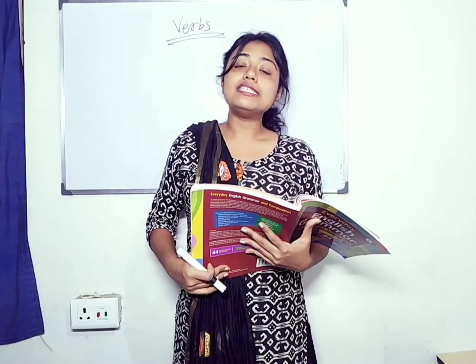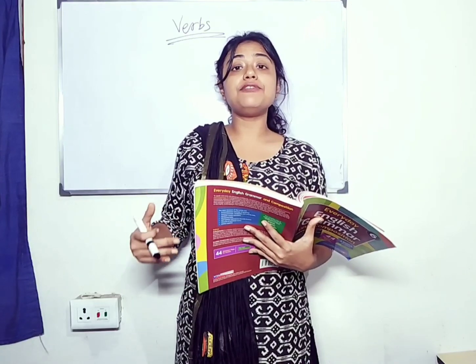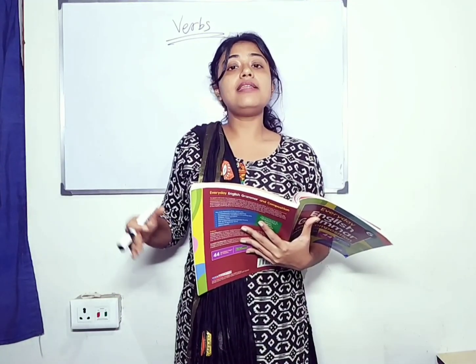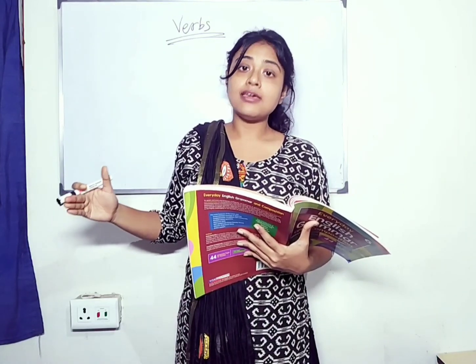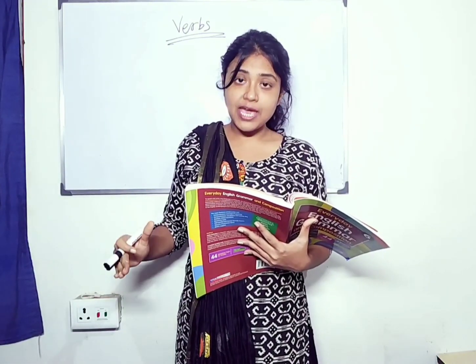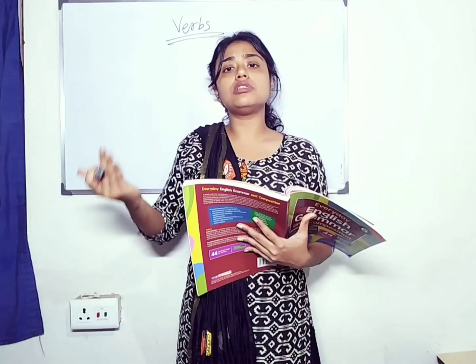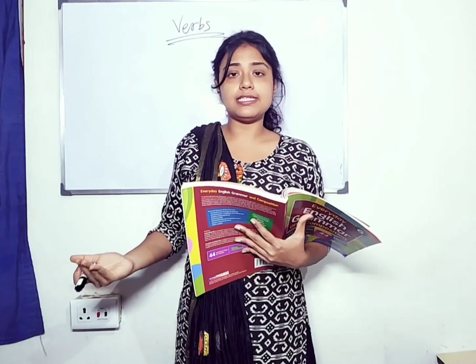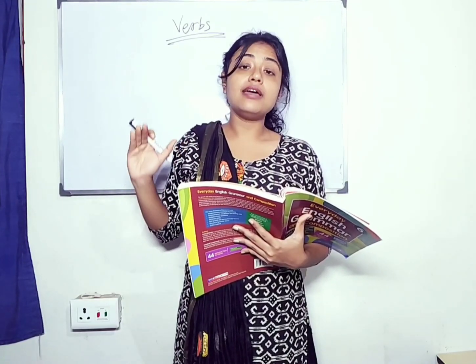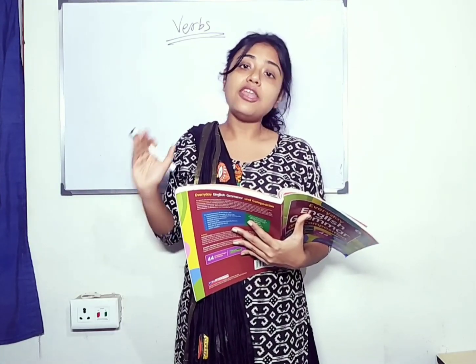Okay? Transitive and intransitive. Transitive verbs should always have an object and thus it is complete. And intransitive verb, it does not have an object and it may use subject complement sometimes, but it never uses an object.